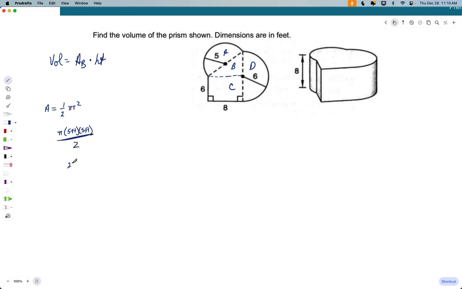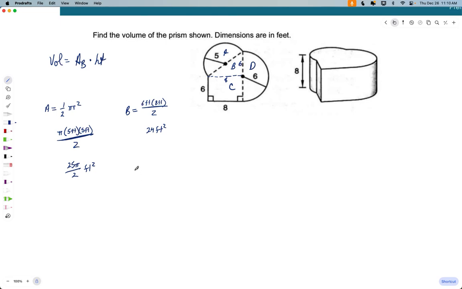So I've got 25 pi divided by 2 feet squared for A. B is a triangle, and I've got a height of 6 and a base. If we look across, this is going to be 8 because this is the same length as what's across the bottom. So this is a radius of 6. So we've got a triangle that is 6 foot by 8 foot, and we divide it by 2. That's 48 divided by 2, which is 24 feet squared.